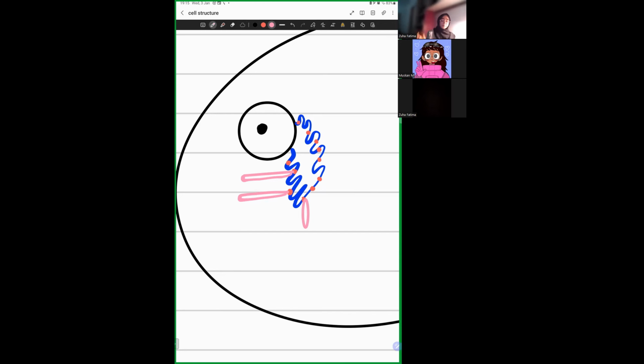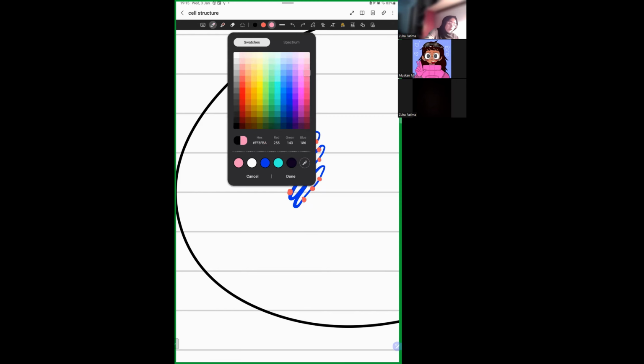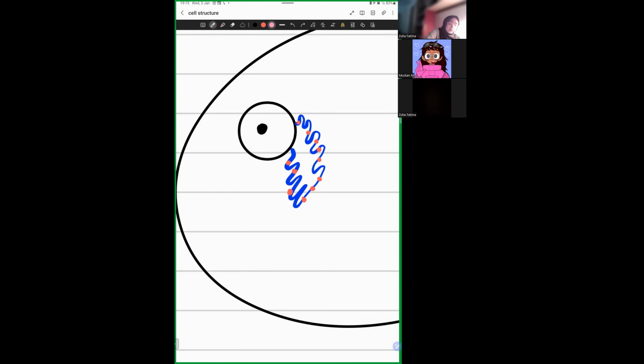Now, once the process of translation is complete, all these polypeptide chains undergo protein folding within the rough endoplasmic reticulum. So all these polypeptide chains are folded, organized, and modified to form a protein unit, and it looks something like this.